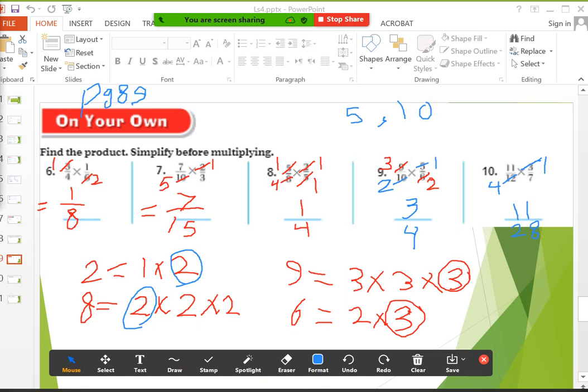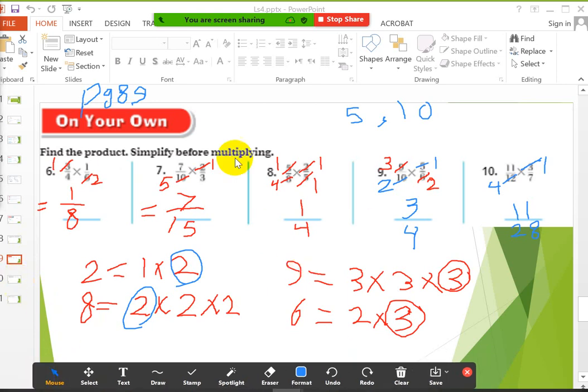I will end the session when the session ends. So if you finish, please type 1 in the chat. If you don't finish, please type 0 to move to the next exercise.